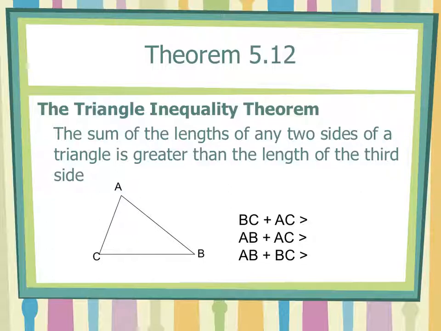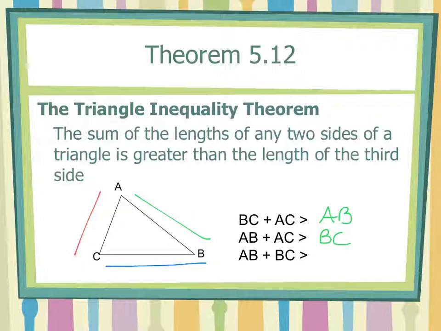So what this would mean is that if I were to add BC plus AC, that sum should be greater than AB. Okay? Then the same thing on the next one. If you were to add AB plus AC, it needs to be greater than CB or BC.